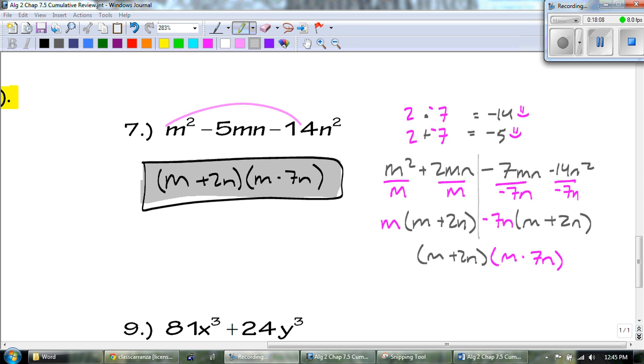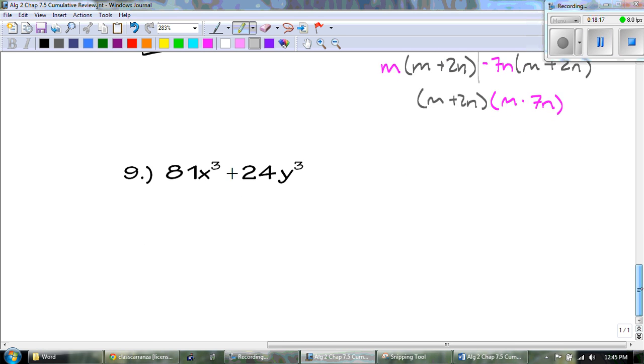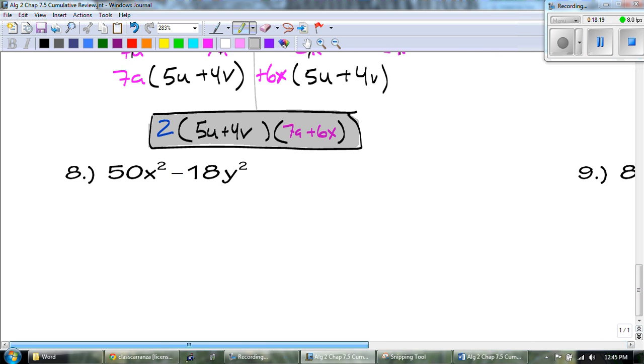Okay, and then our final answer is m plus 2n, m minus 7n. If you have any questions on that, come and ask. Okay? All right, number 8.